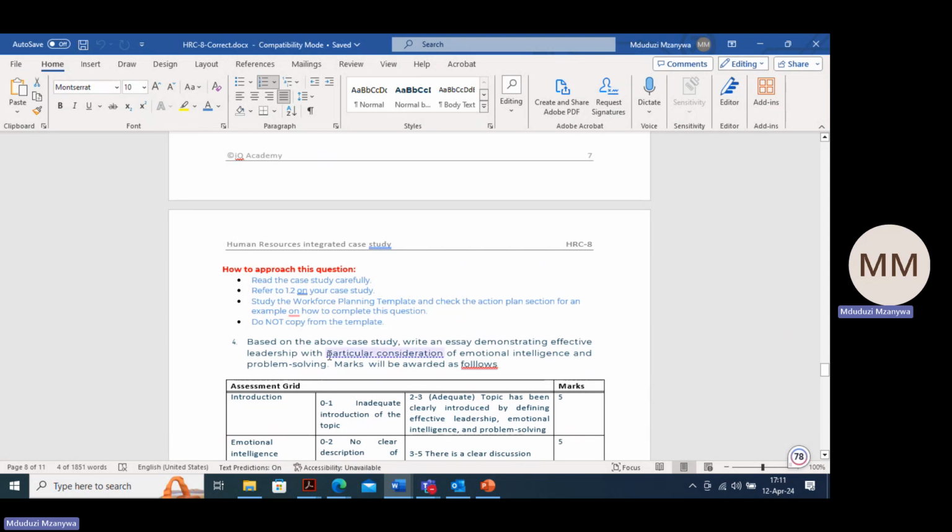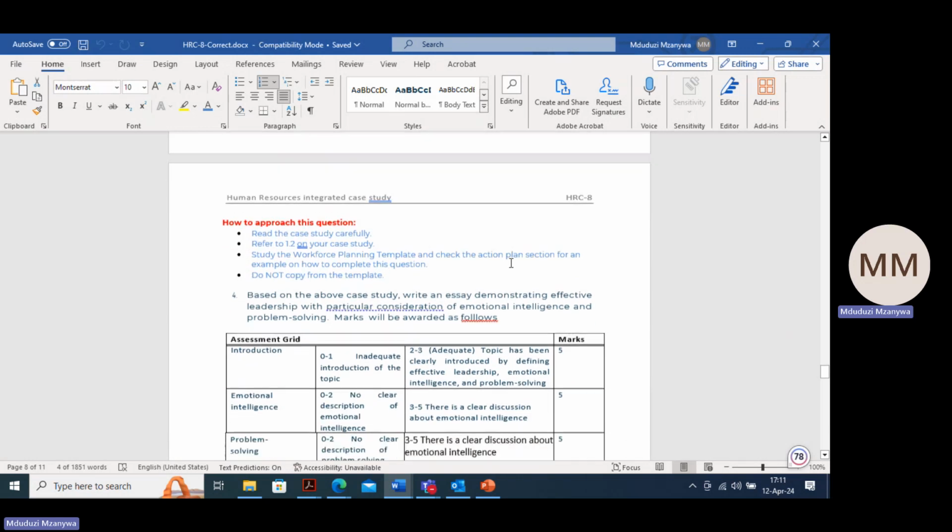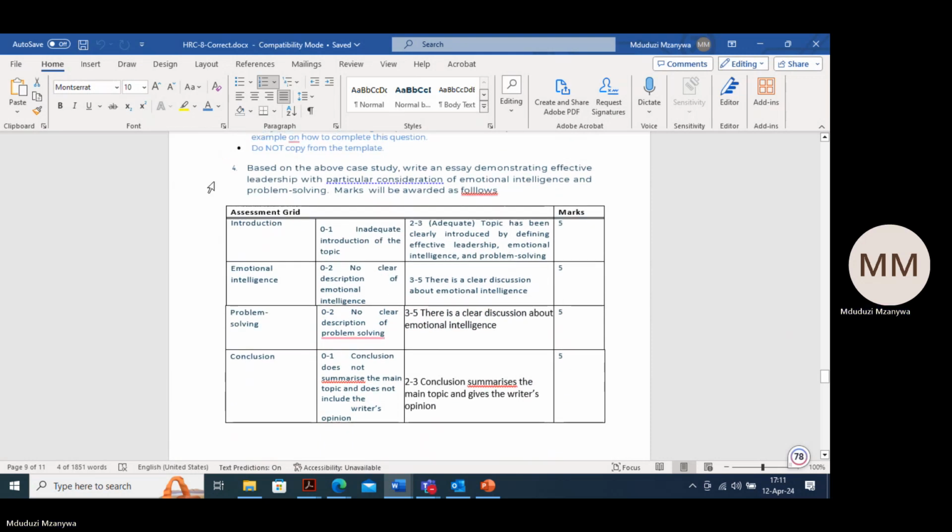So your case study will be different from what your study guide is saying. Please make sure you have it and you understand it. And then based on the case study that you would have, you would then be required to write an essay.